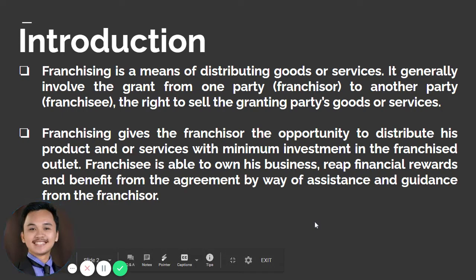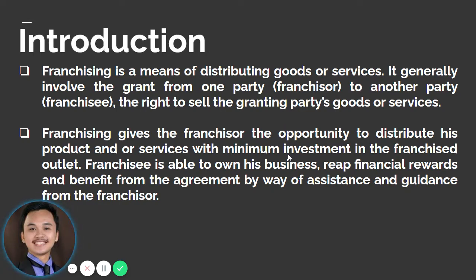So in short, in a franchise agreement, there is a transfer of resources between two parties, the franchisor and the franchisee. The franchisor will grant all the rights to use the trademarks or the trade name of the franchisor to the franchisee, as if the franchisee will operate on behalf of the franchisor.